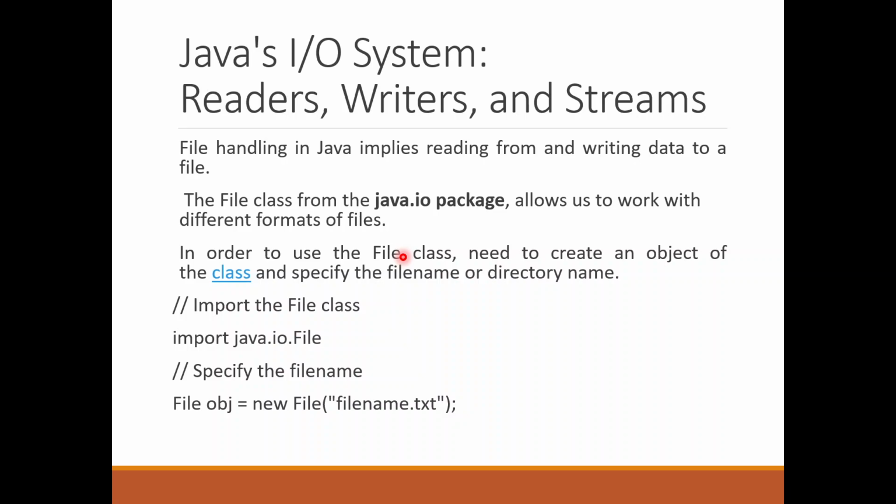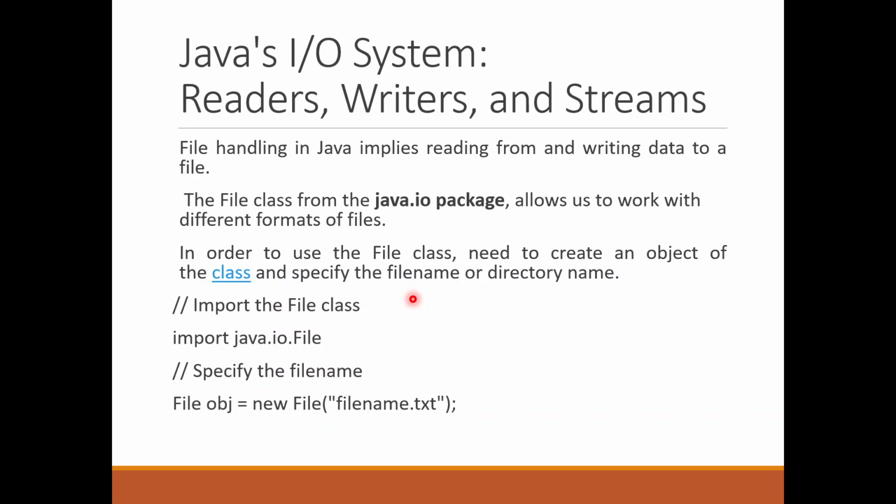Now, whenever we have to use this File class, first of all we have to create an object, right? Whenever you are working in Java, whatever class you have, the first step is to create an object of that class. Here in our case, we have to work on a file, so we have to create one object of the File class. Along with the creation of this object, one is supposed to specify the file name or directory name where that file will get created.